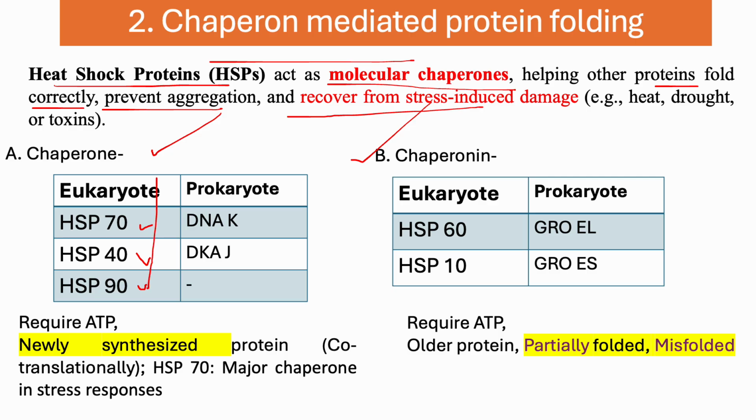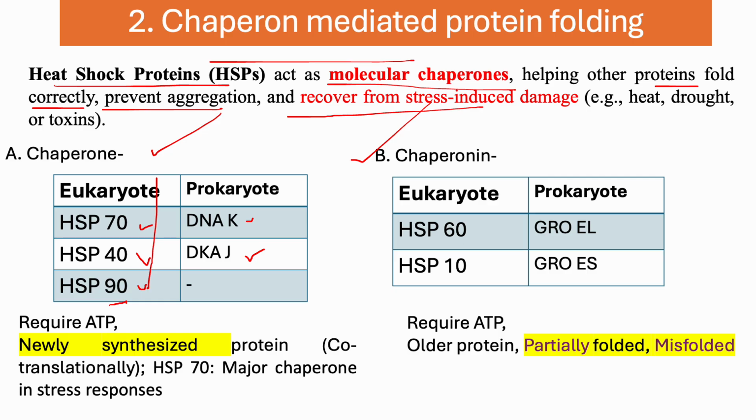What about prokaryotes? In prokaryotes, HSP 70 is known as DnaK, HSP 40 is known as DnaJ. So sometimes you may have heard these names DnaK and DnaJ. This is just similar to HSP 70 and 40. But in prokaryotes, HSP 90 is absent. HSP 90 is only found in eukaryotes.